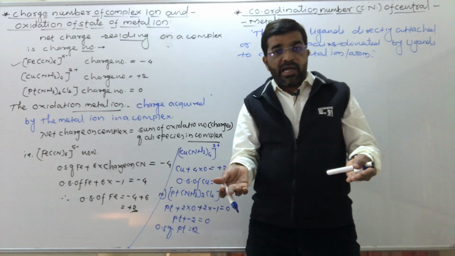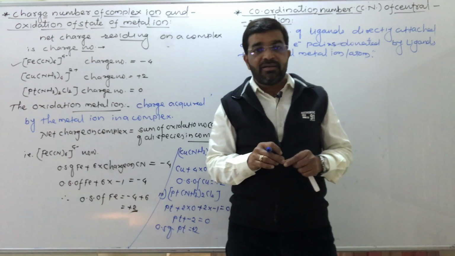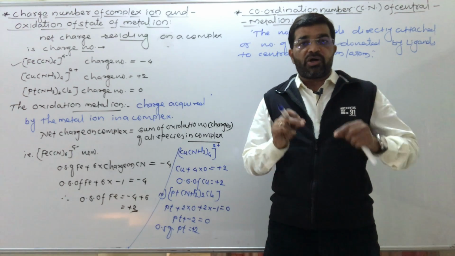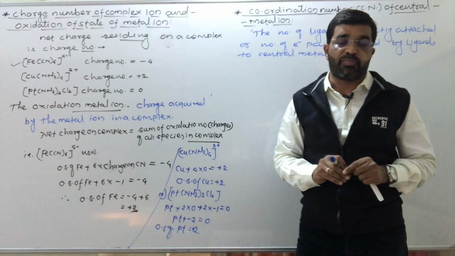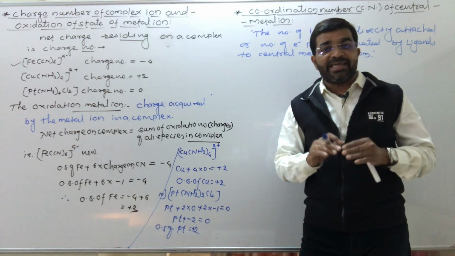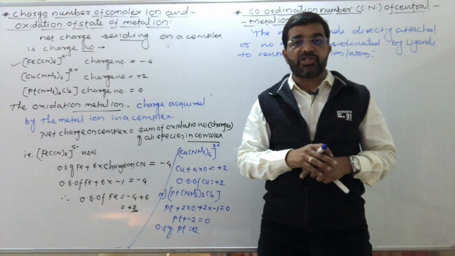Now you have to remember that d block element or transition element have high tendency to form the coordination compound. Why do they have high tendency to form coordination compound?